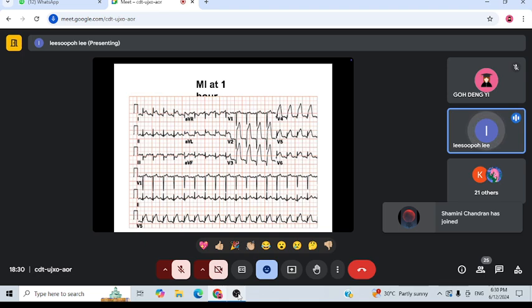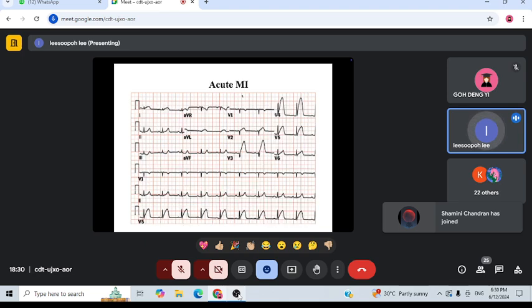Okay, this is just to illustrate how the ECG changes progress in an acute MI patient. Where is the ST elevation? Can anyone tell? Lead 1.